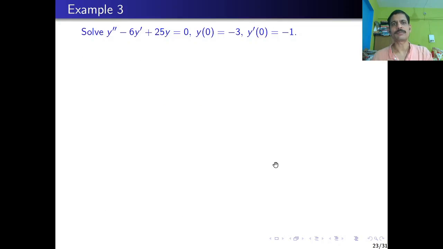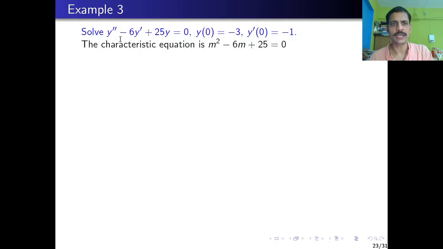The third example we are going to see is the following. Solve y double prime minus 6y prime plus 25y is equal to 0 with the initial conditions y at 0 is minus 3 and y prime at 0 is minus 1. The characteristic equation is m square minus 6m plus 25 equal to 0.